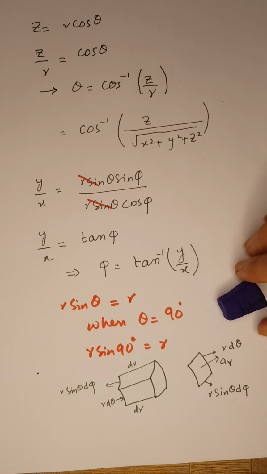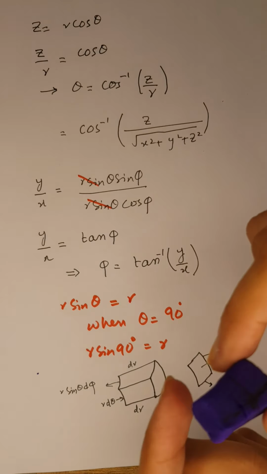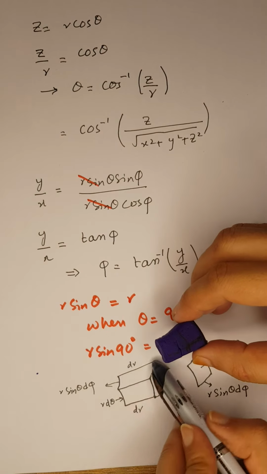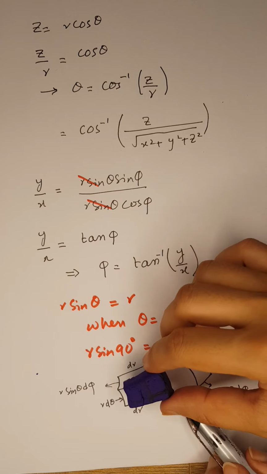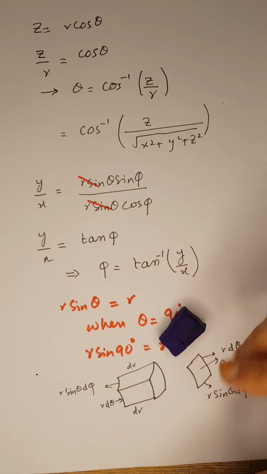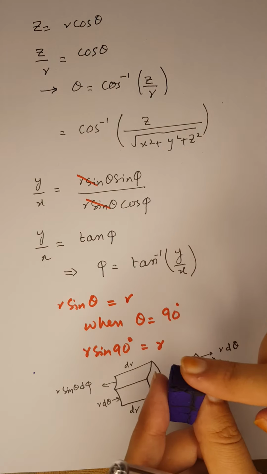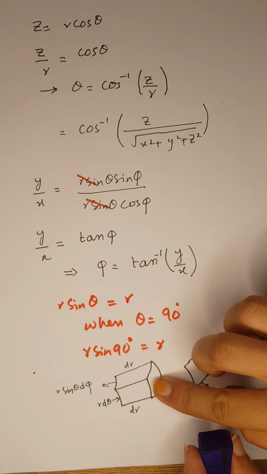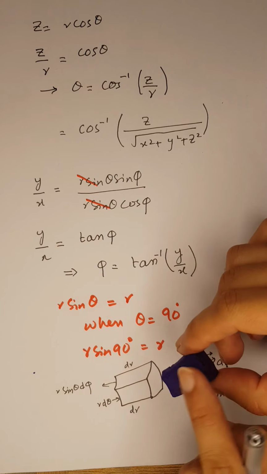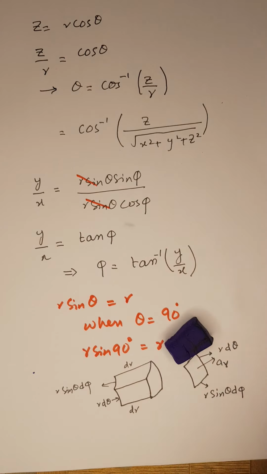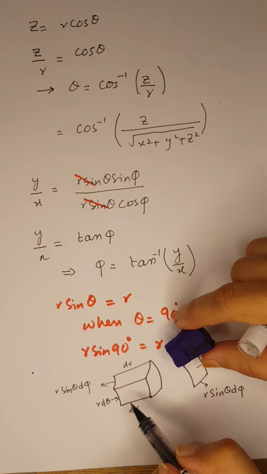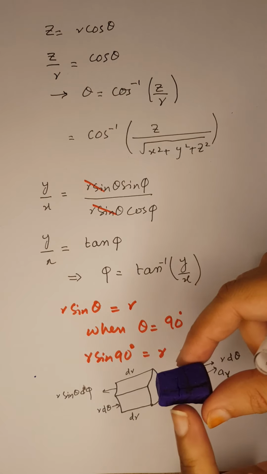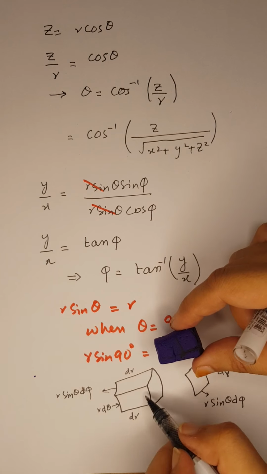Now let's compare this piece of a sphere with the diagram I have drawn over here. This is just similar to that. This side is shown by this small patch. Similarly, this top surface represents this area, and this front patch is represented by this.